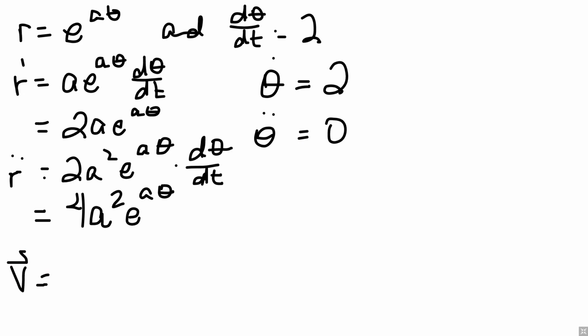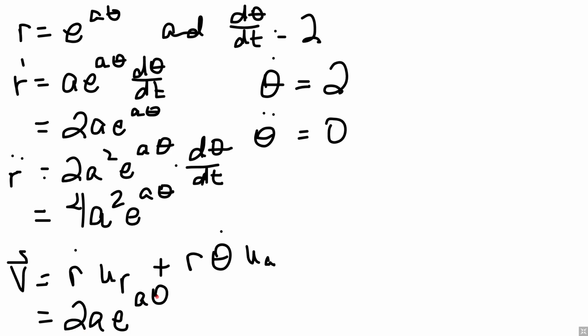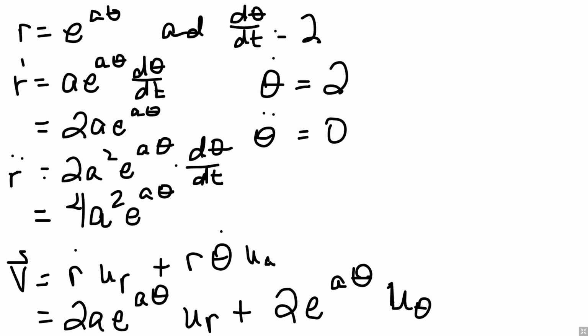All right, so the vector v is going to be r dot u_r plus r times theta dot u_theta. So r dot would be 2a e to the a theta times u_r plus r times theta dot, which is going to be 2e to the a theta times u_theta. Okay, is that better? Any questions there?